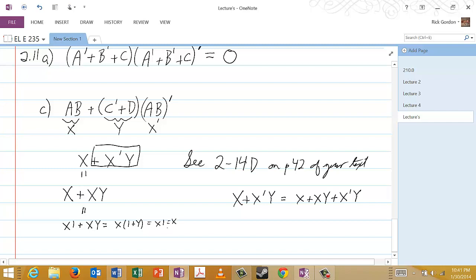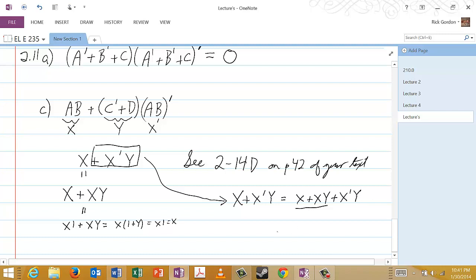so coming over here, we bring the x or x complement y over here, and then we use the work we've done on the left to rewrite x as x or xy, and then we just bring the x complement y over to the right.